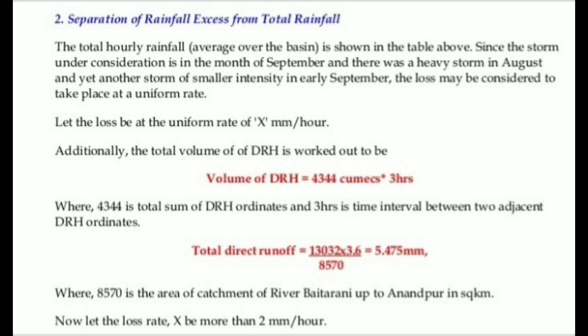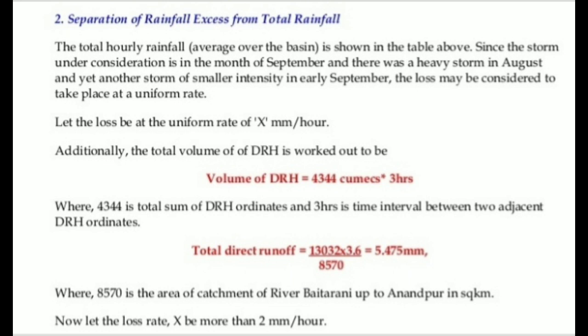Since the storm under consideration is in the month of September, and there was a heavy storm in August and yet another storm of small intensity in early September, the loss may be considered to take place at a uniform rate. Let the loss be at the uniform rate of x mm per hour.